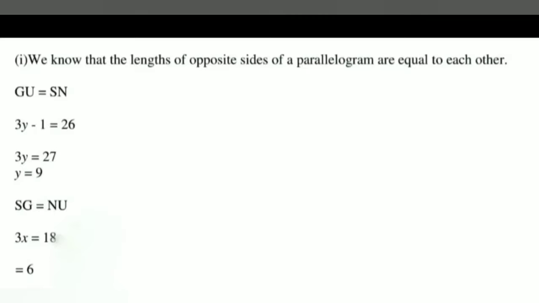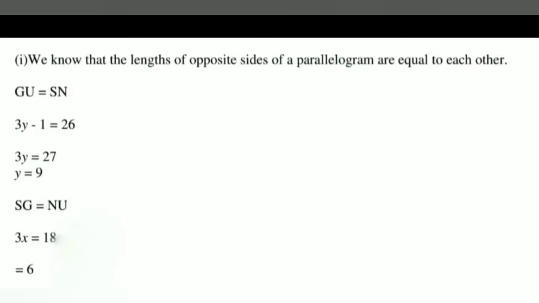Now put the value. GU value is 3y minus 1, and SN value is 26. So 3y minus 1 is equal to 26. Next line, 3y is equal to 26 plus 1. So 3y is equal to 27. So y is equal to 27 upon 3, it is 9.